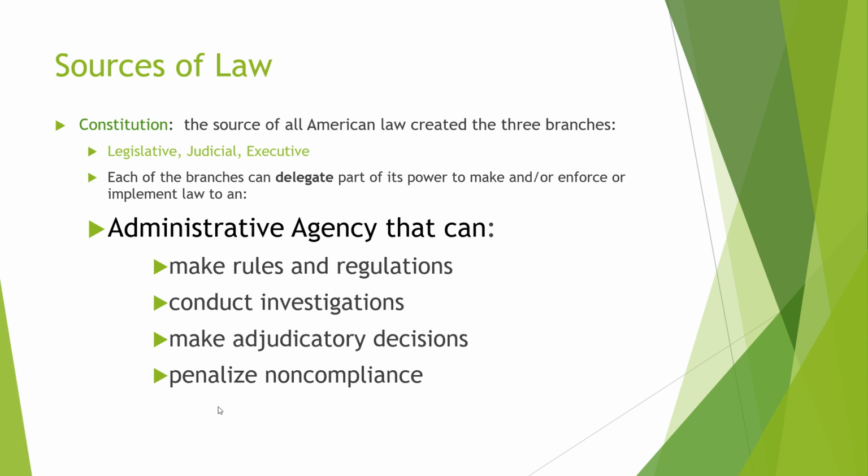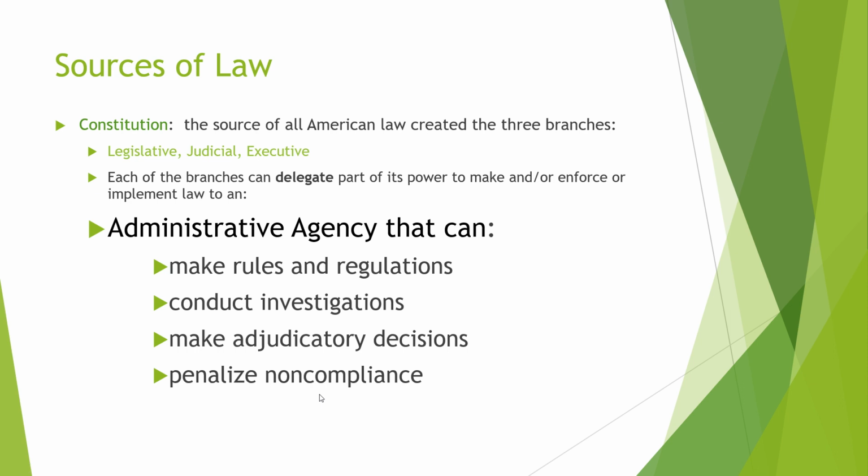So the administrative agency then has power to do things like make rules and regulations, conduct investigations, make decisions, right? Kind of quasi judicial decisions, adjudicatory decisions, and if someone is not following the rules and regs, they can penalize that noncompliance. Okay, so these are kinds of the roles and functions of any administrative agency: rules and regs, investigate, adjudication, penalty.